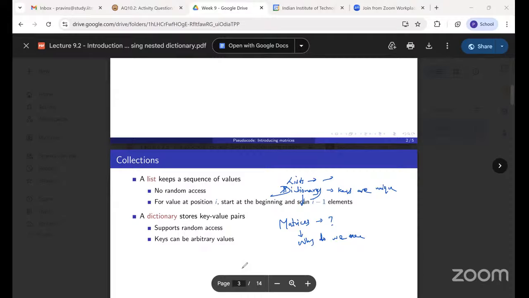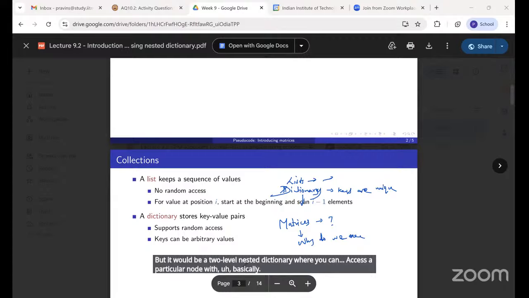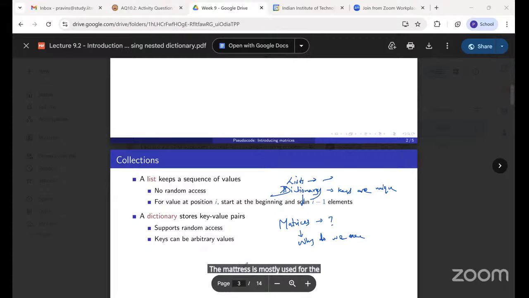So the matrix will also be a dictionary, but it will be a two-level nested dictionary where you can access a particular node. Basically the matrix is mostly used for graph problems. So we generally store graphs in a matrix format.